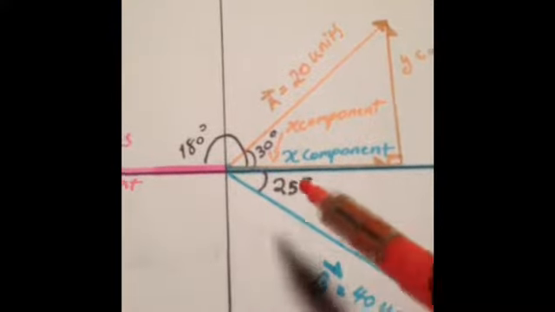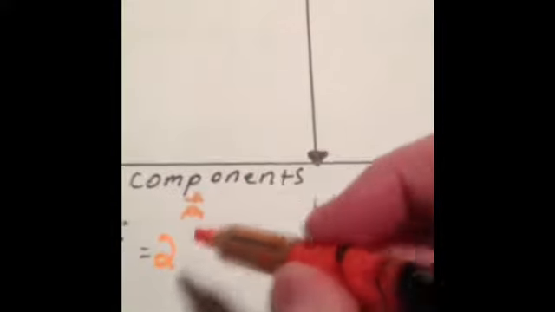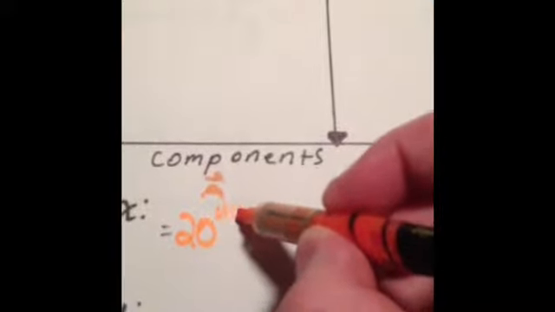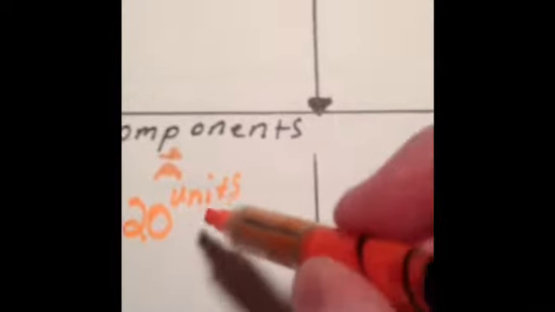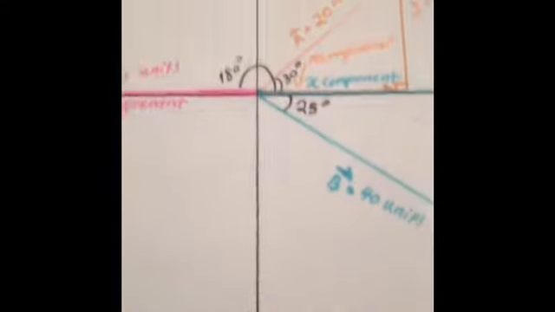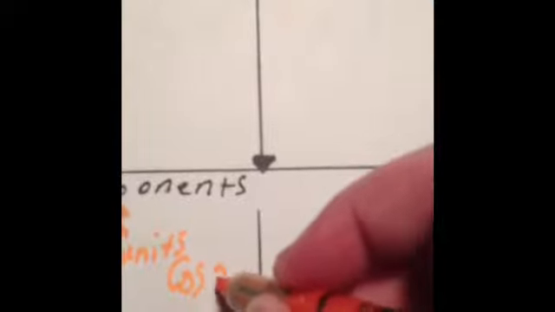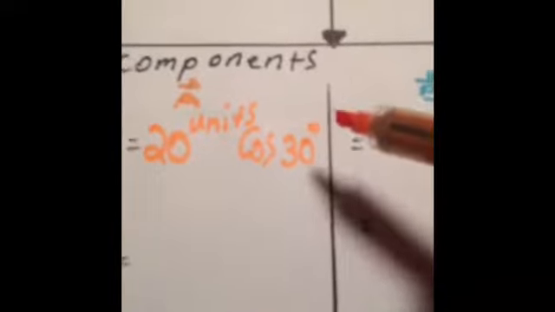So, starting with the x component, we do 20 units times the cosine of 30 degrees, as you can see there.